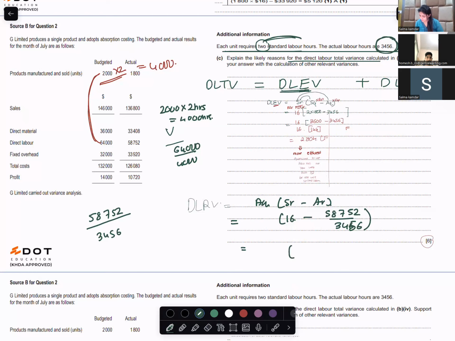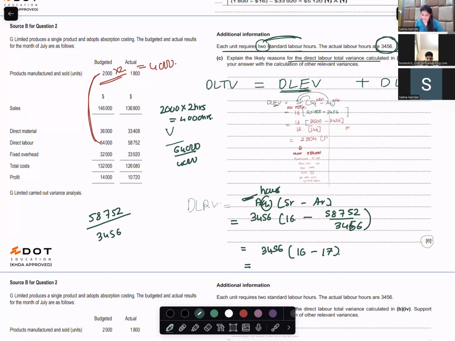So what is your actual rate? 17. And what is your actual quantity? It means you will use your actual hours, 3,456. That is your actual hours.